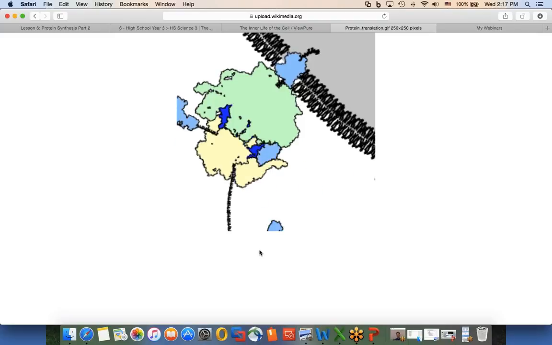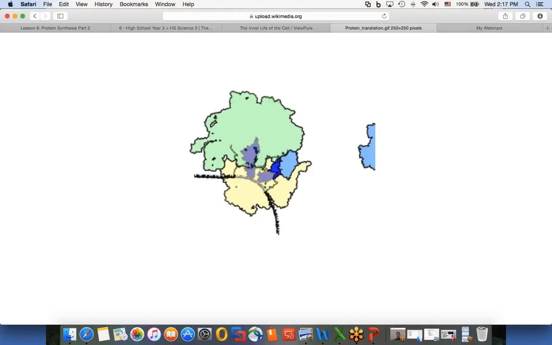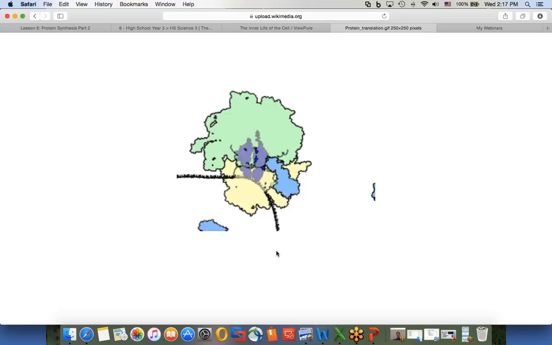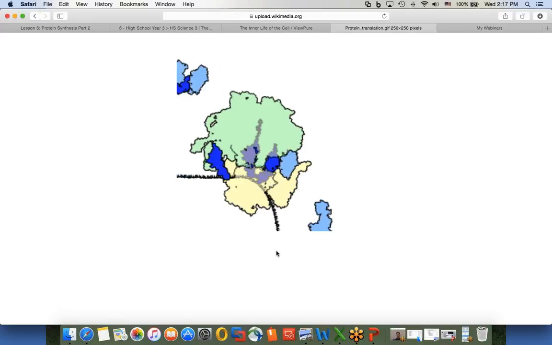Okay, so Maria, what is this string that is going through this part, this little black one? What would that be? Is that RNA? That's right, yes. So that is the messenger RNA. And why is it going through the yellow part?